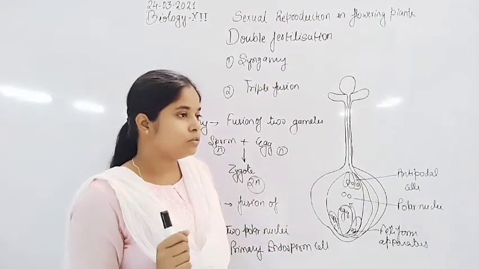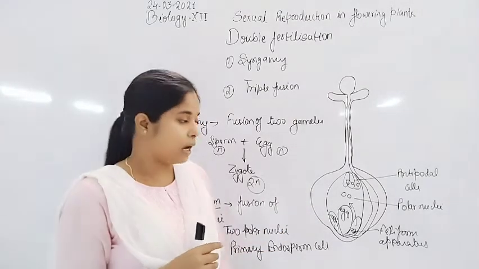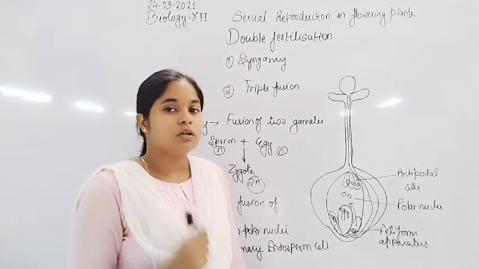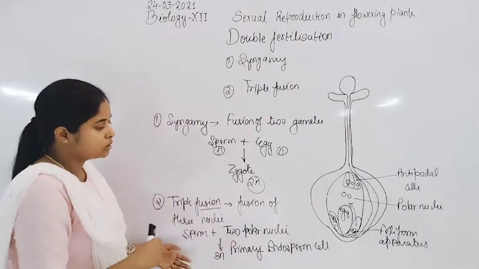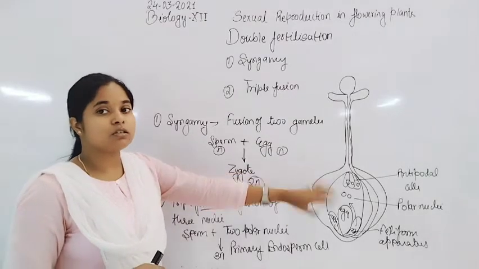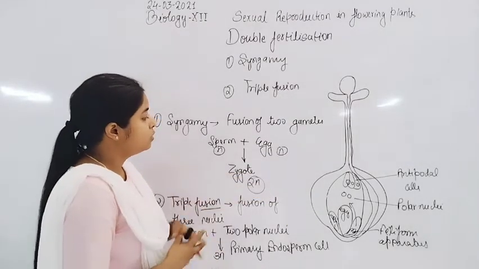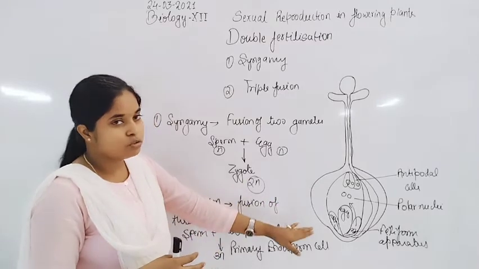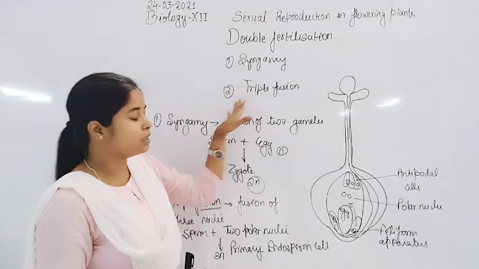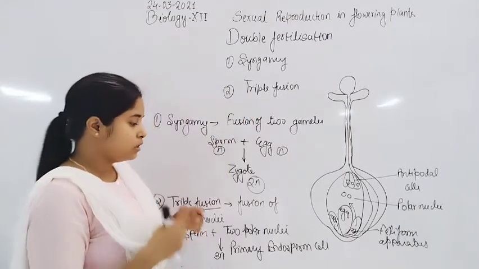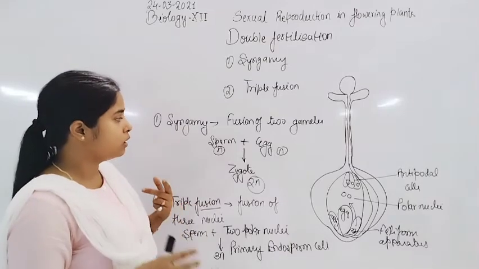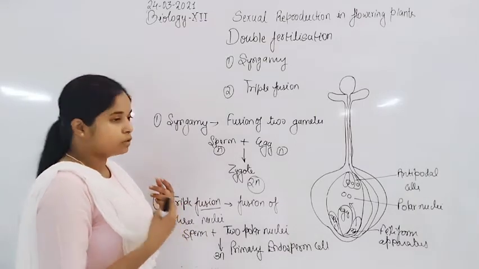That's why the embryo sac of angiosperm plants is a 7-celled, 8-nucleated structure. Due to this, double fertilization takes place inside the embryo sac. In angiosperms, double fertilization is, first, syngamy, and second, triple fusion. Fertilization takes place two times inside the embryo sac in angiosperm plants.